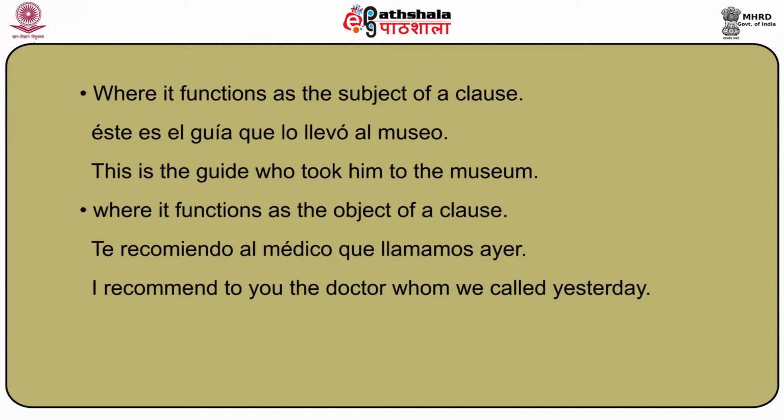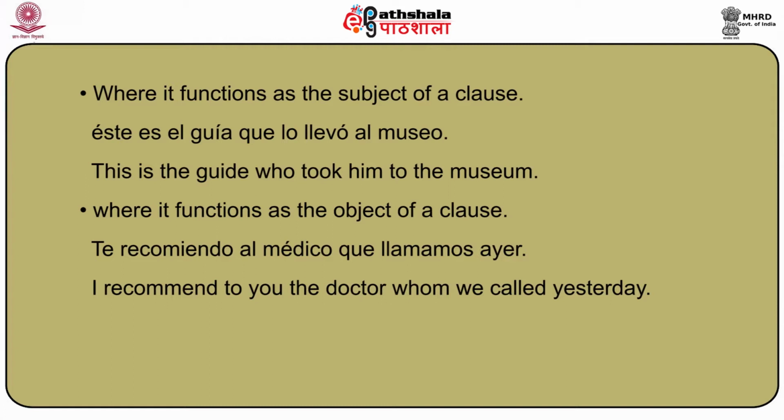Another place where we use que is where it functions as the object of a clause. In the example given, que refers to the indirect object al médico of the verb recomiendo in the main clause.